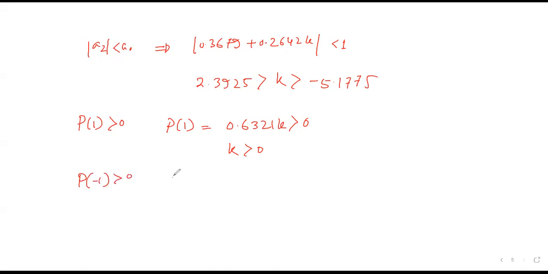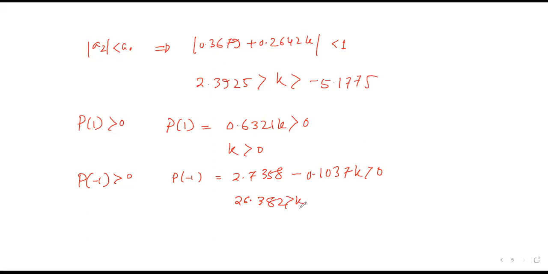That gives us a condition something like this: 2.7358 minus 0.1037K greater than 0. If you simplify a bit, then the value of K should be lesser than 26.382.